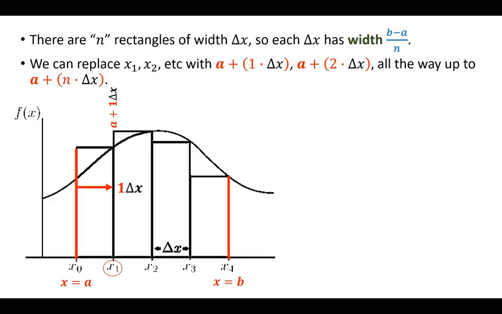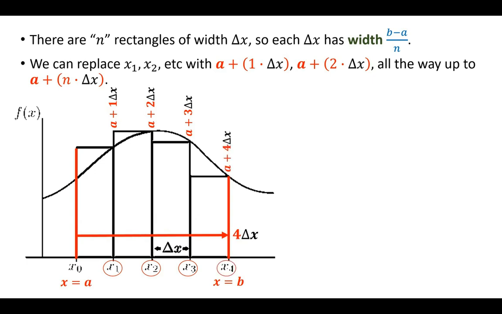The second is at a plus 2 delta x's. The third is at a plus 3 delta x's. And the fourth is at a plus 4 delta x's. As n increases, we simply create more of these x values in the same way. The kth rectangle's edge is at a plus k times delta x.